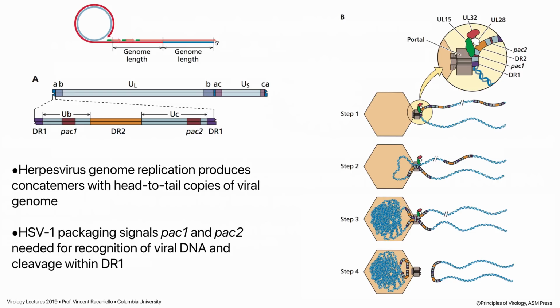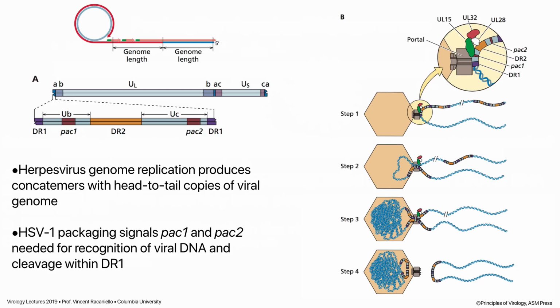And how does it know how much to put in? Well, there are two controls. One is when the head fills up, when the capsid fills up with DNA. We call that the head full hypothesis. But the other signal is that when the next packaging sequence arrives at the portal, then the portal knows that we've got enough DNA in there.